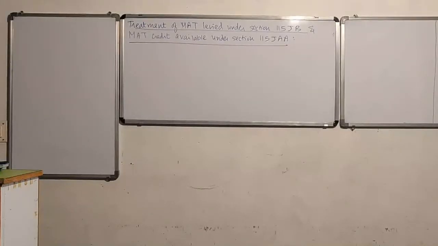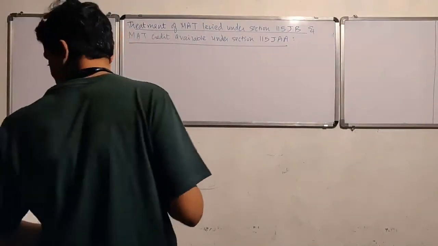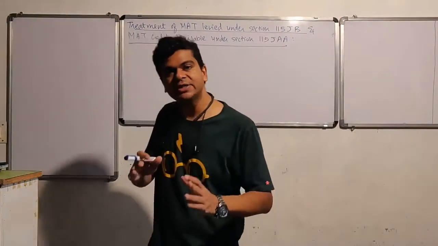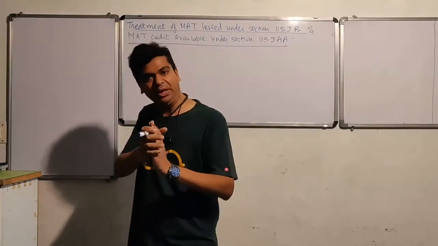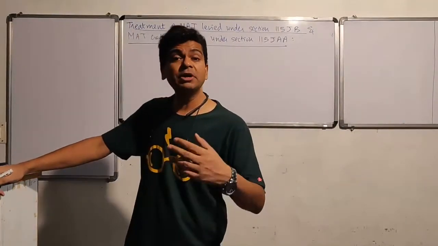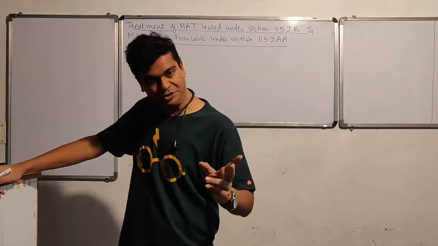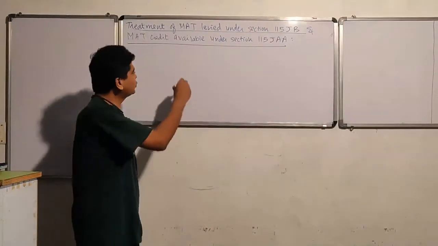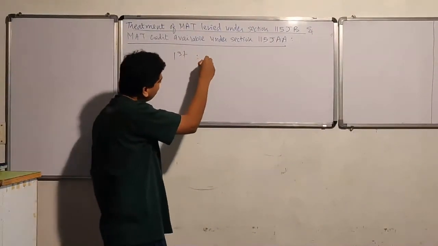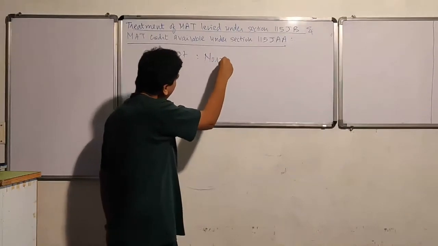So what shall be the treatment of minimum alternate tax? See, we have section 115 JB, and once section 115 JB becomes applicable to a company, we will have to do two tax computations. The first tax computation is of course based on the normal tax provisions.